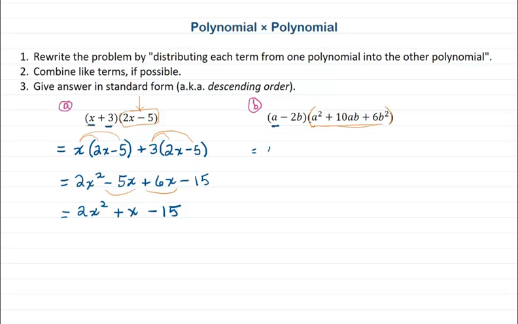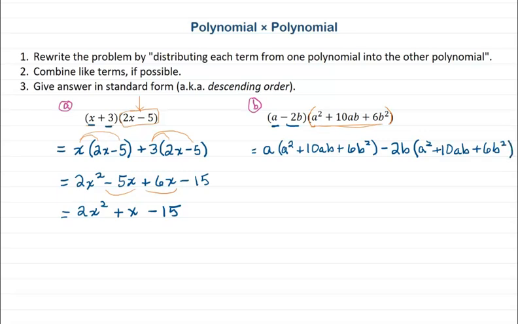So let's take this a, write it as being distributed into a squared plus 10ab plus 6b squared. Okay, now we're going to take this minus 2b, and we'll open parentheses and write in that second trinomial there, a squared plus 10ab plus 6b squared, close parentheses.